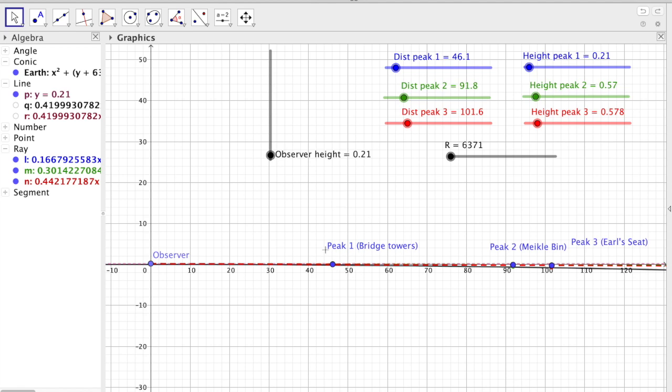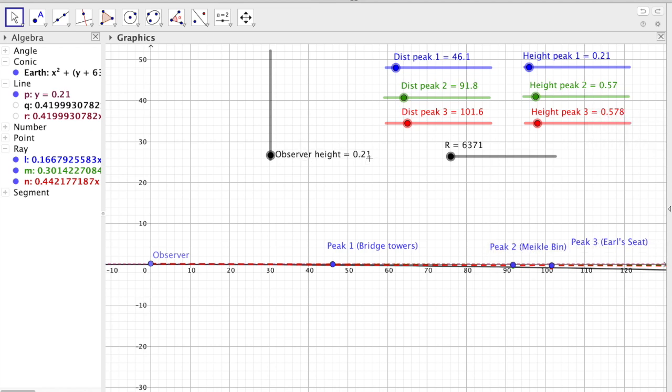So here we have it. We picked out 3 spots: the bridge towers at a height of 210 meters, 46.1 kilometers from Traprain Law; the second peak, Michael Bin, I don't know about the pronunciation there, at a height of 570 meters; and peak number 3, Earl's Seat, 101.6 kilometers away at 578 meters.